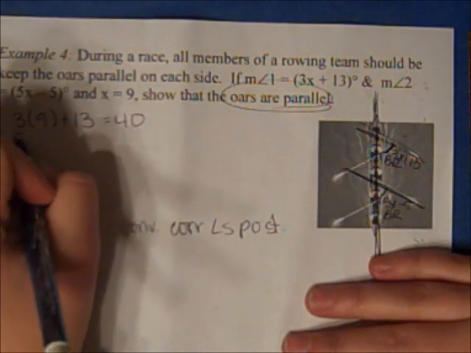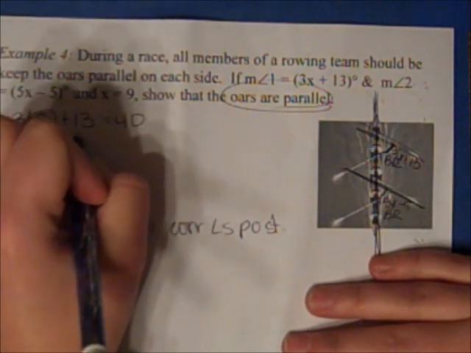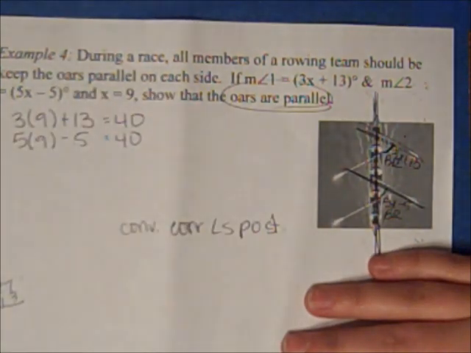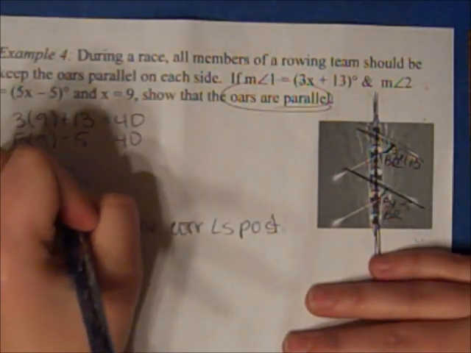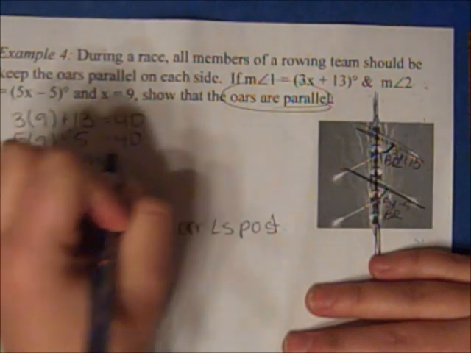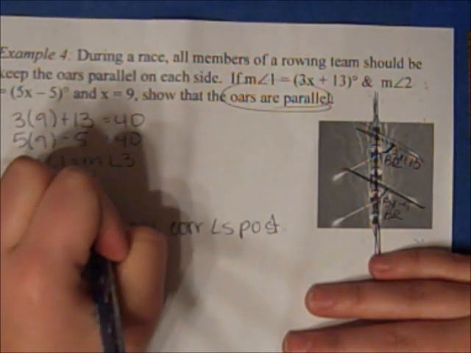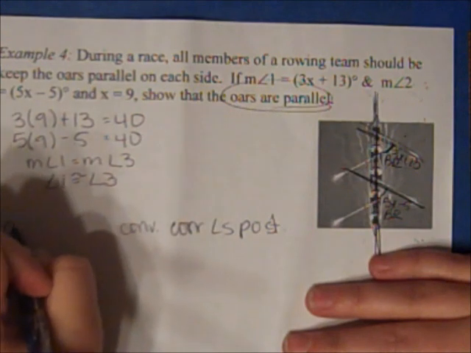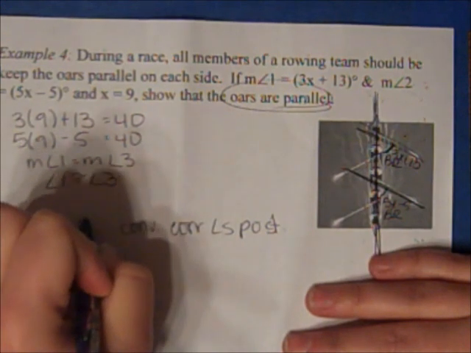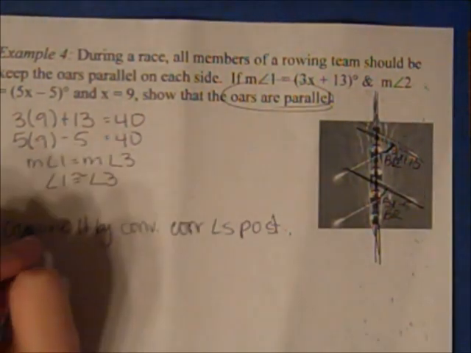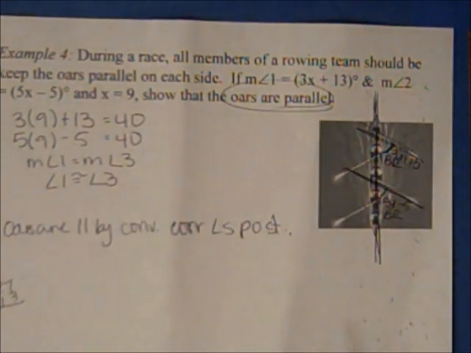And then here, 5 times 9 minus 5, that would be 45 minus 5 is 40. Well, sure enough, angle 1 is equal to angle 3, which means that they're congruent, which means that the oars are parallel by the converse of the corresponding angles postulate.